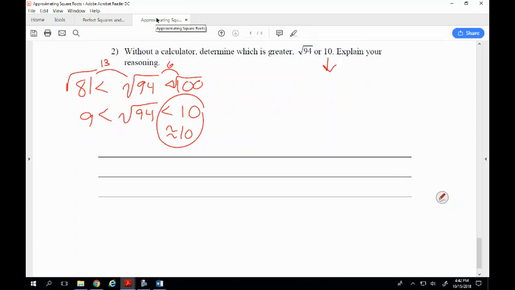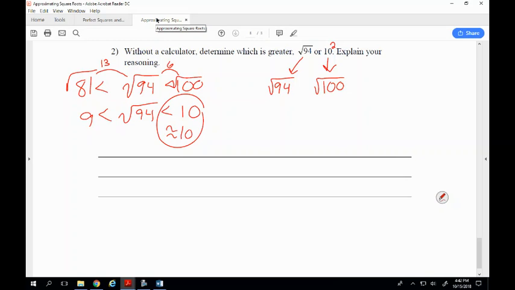Another way that we could think of this is simply think of 10. What is the square root of a number that gives us 10? So, the opposite of that would be squaring it. So if I take 100 and I take the square root of it, and then now I just bring this down that also has a square root over the top of it. Because they both have square roots, I can just look at the number underneath.